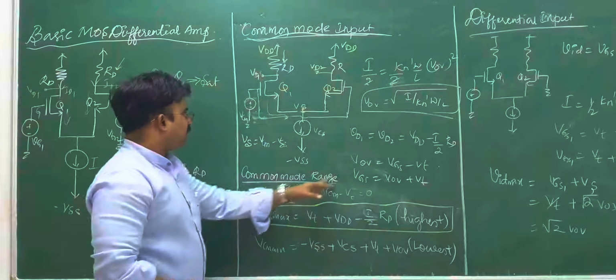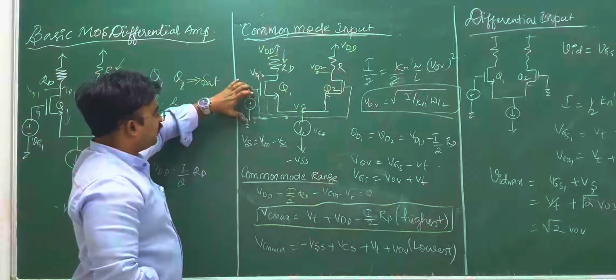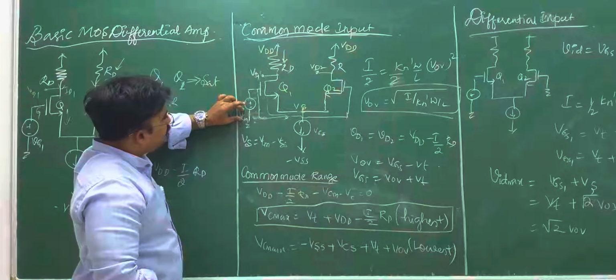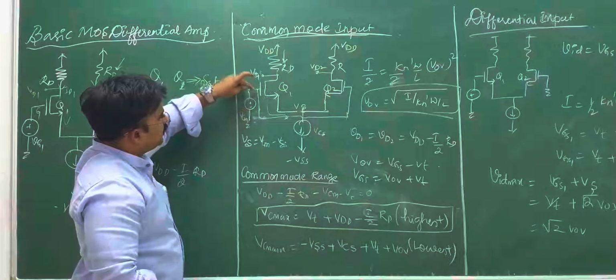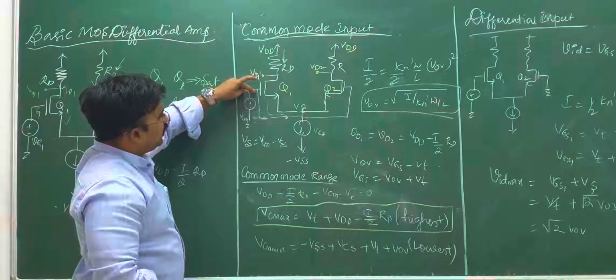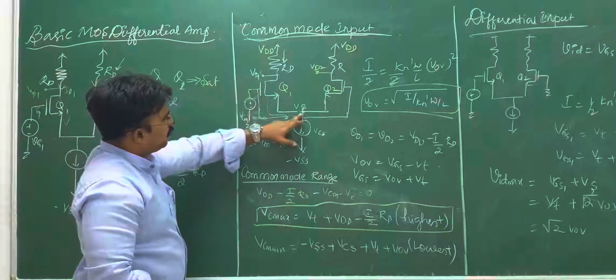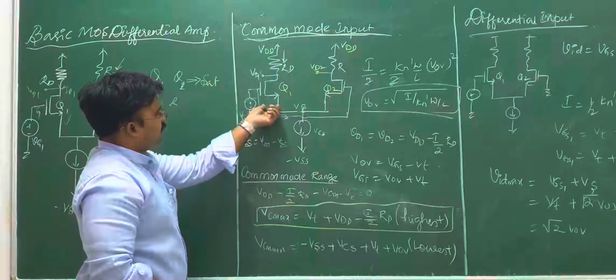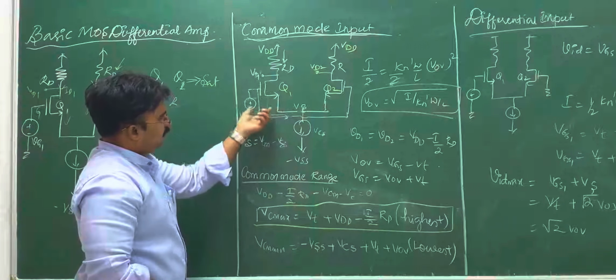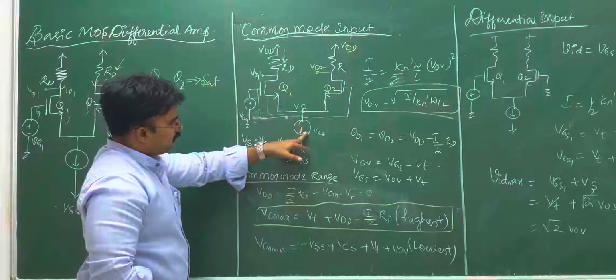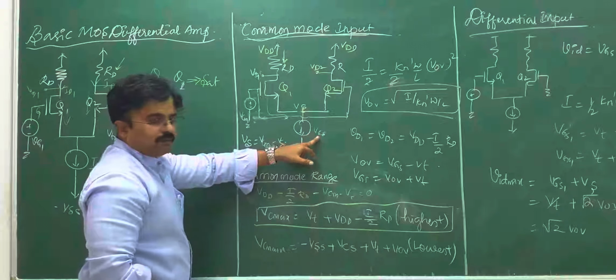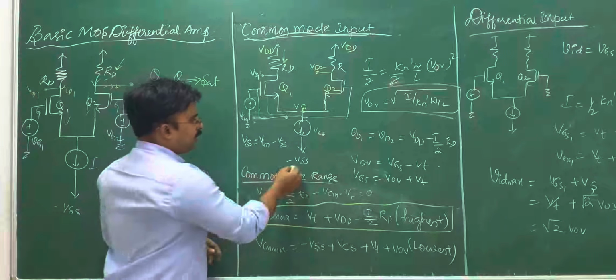So how did you get this equation? This is a very simple consideration. VCM is the input voltage to this gate. So the source voltage is nothing but VCM minus VGS. So VCM minus VGS, a drop across this, is considered as VCS, and this is negative.